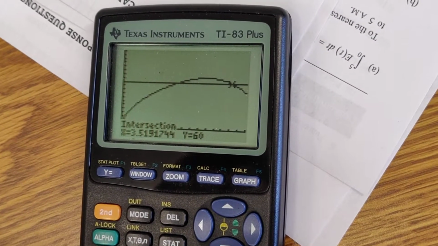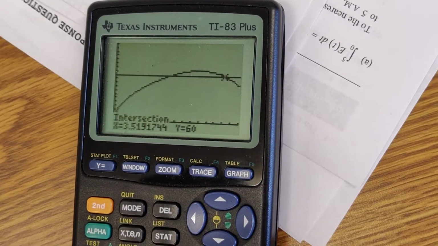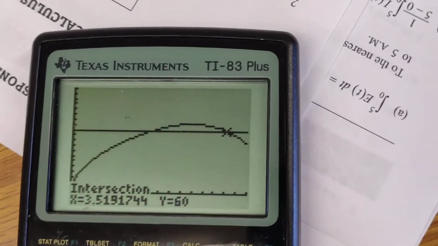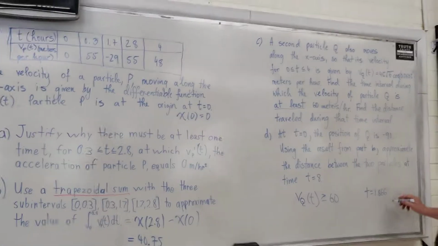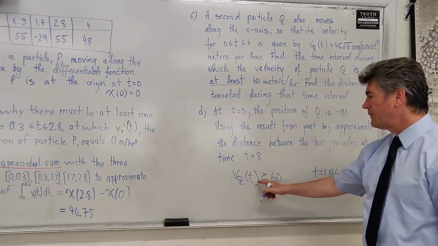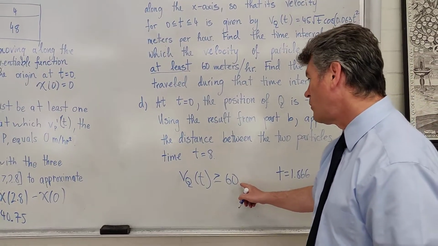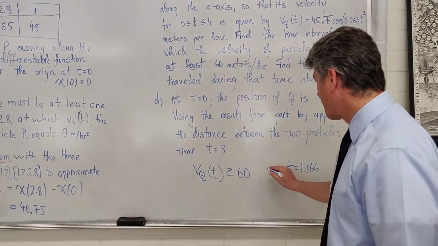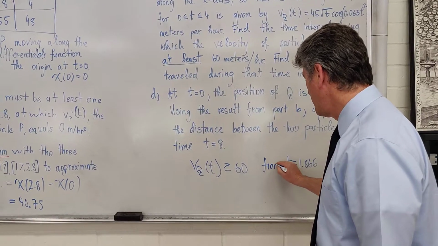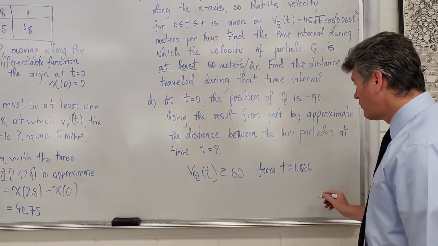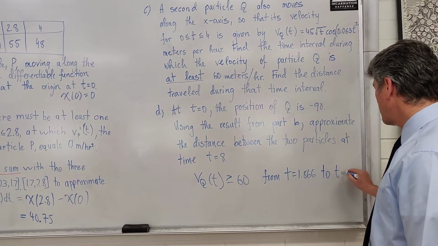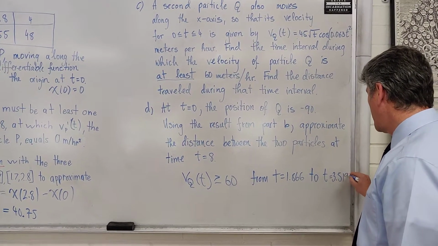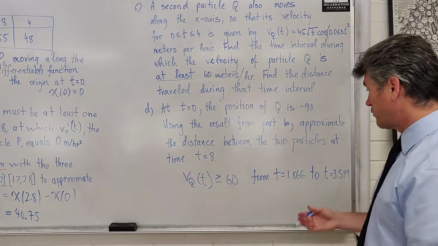There it is, 3.519. So we're right. V sub Q of T is greater than or equal to 60 from T equals 1.866 to T equals 3.519. The first part of this question is done.